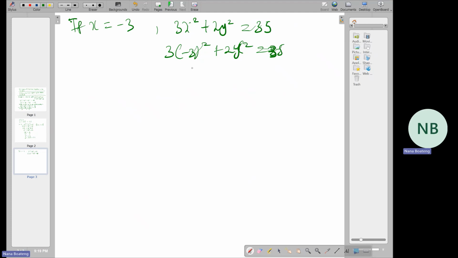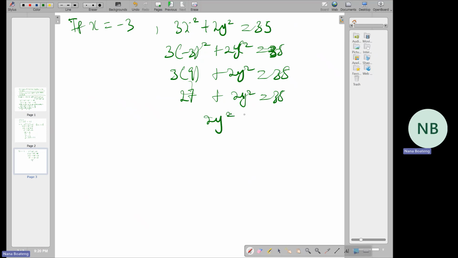So 3 times negative 3 squared is 9, and 3 times 9 is 27, plus 2y squared is equal to 35. If you subtract 27 on both sides, we have 2y squared is equal to 8.